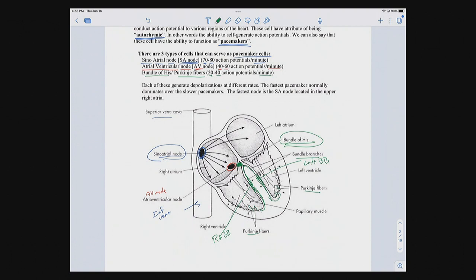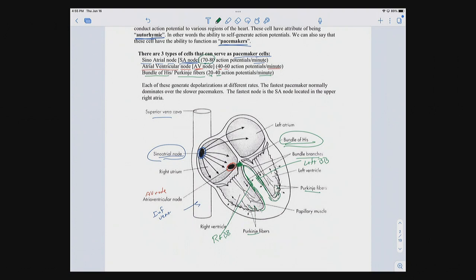So here is a key principle that I need you to get your mind around, and we'll be reviewing it over and over throughout the next few lectures: the group of cells with the fastest pace of action potentials is the one that's going to rule, and they will suppress the autonomous action potential generation of the other cells. The fastest of these is the SA node, lighting off 70 to 80 times per minute.